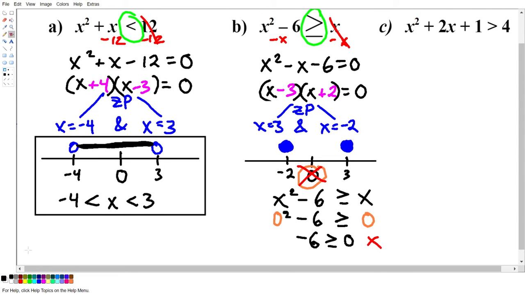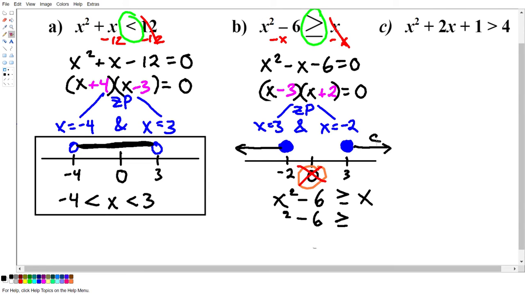At this point, we should be able to say, wow, since it's not going to work in region B, it's got to work in region C and region A. But let's just test if our theory is true. Let's try region C. What number is in region C?